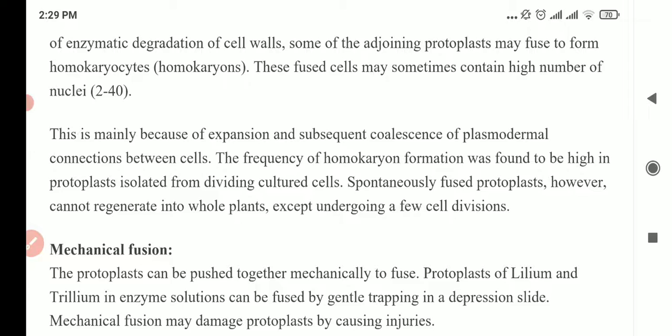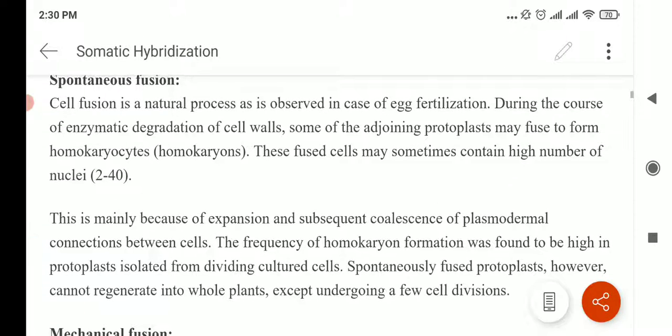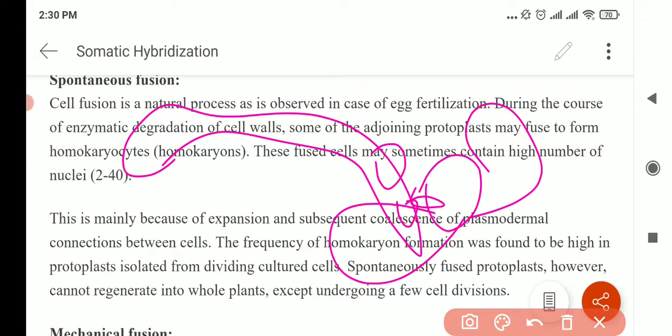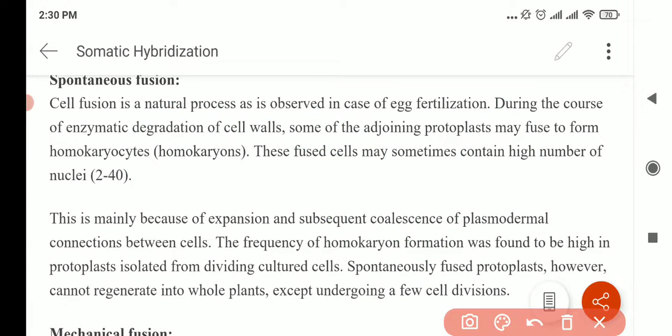Just because the male gamete fused with the egg cell doesn't mean you will get a new plant. So the next type is mechanical fusion.